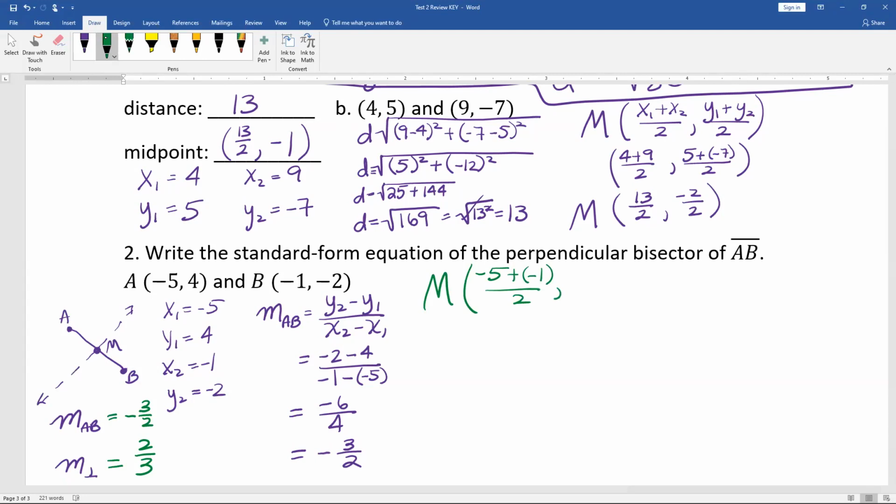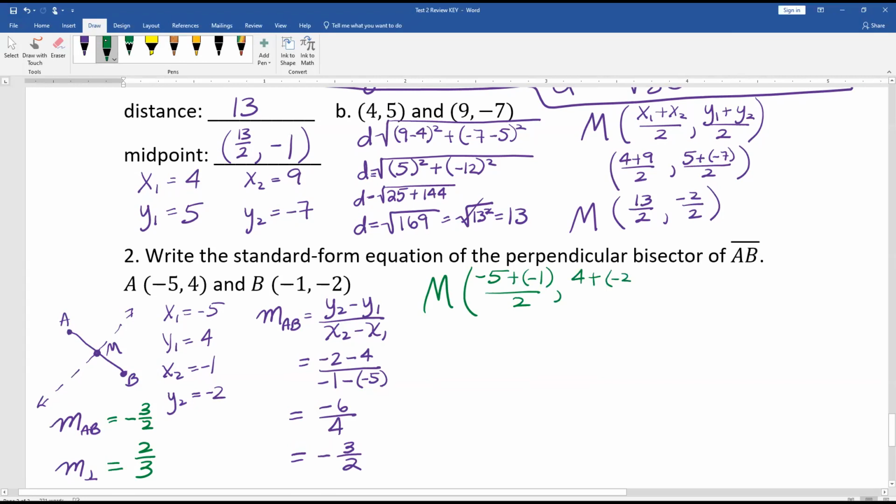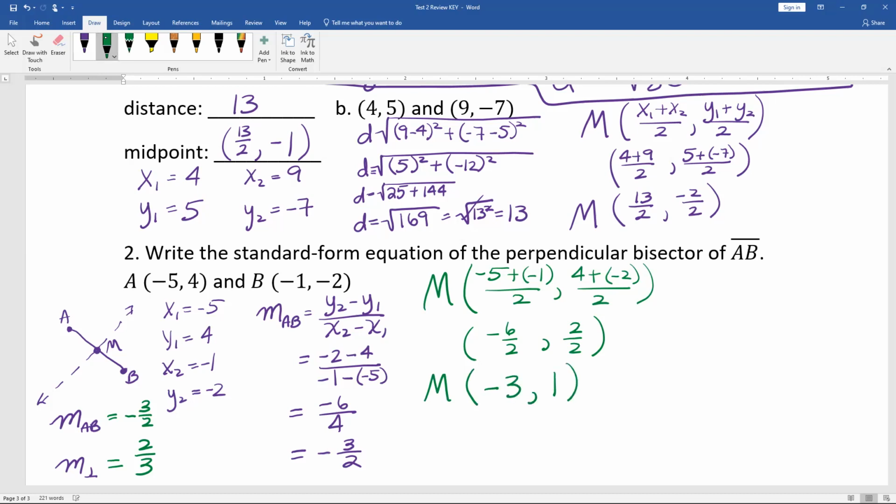Comma in there, so you remember that you've got an ordered pair. So y1 is 4 plus y2, which is -2, divided by 2. All right, so -5 plus -1 is -6 divided by 2. 4 minus 2 is 2 over 2. At least the midpoint's neat, right? Check my math, guys. So our midpoint falls at -3, 1.